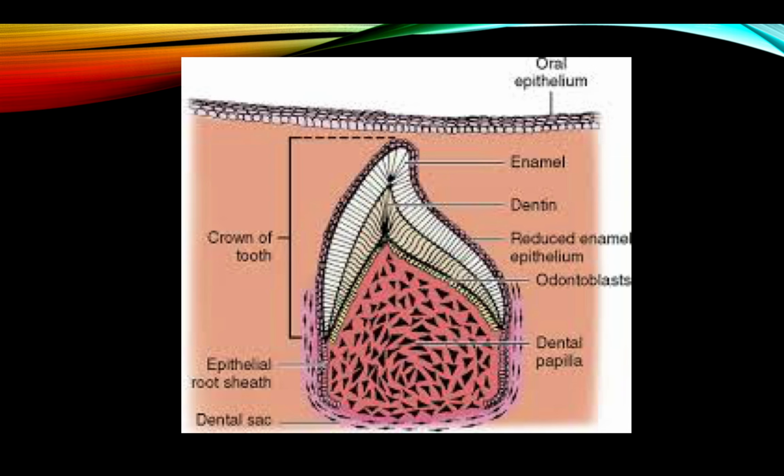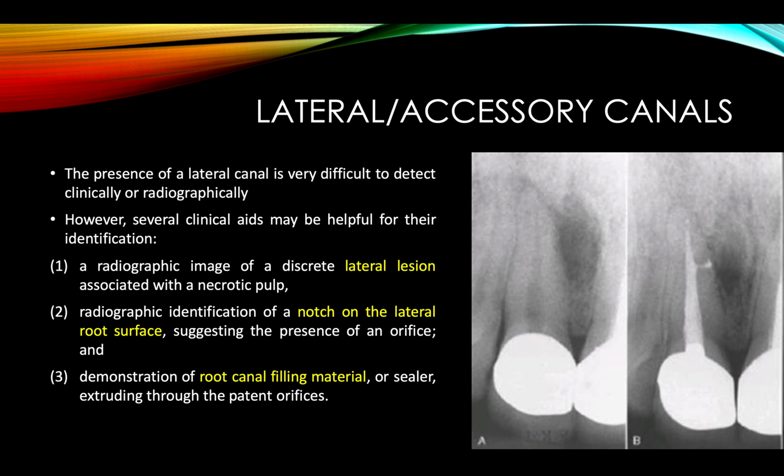So if the dental pulp becomes infected, then irritants and microorganisms can travel through the lateral canals into the periodontium, forming an inflammation area. These lateral canals and accessory canals are very small and they usually cannot be seen on radiographs. However, there are certain indicators that can tell us that lateral canals exist.